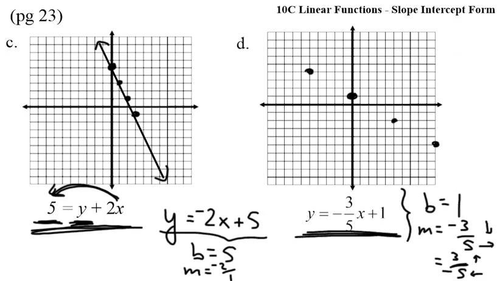Either way, I get all the points in a straight line, which they should be because they represent a line, because we have slope-intercept form.